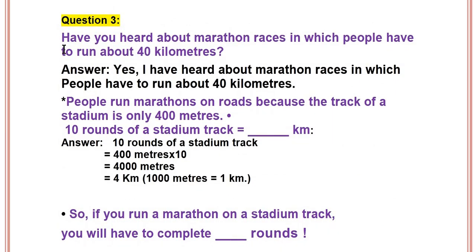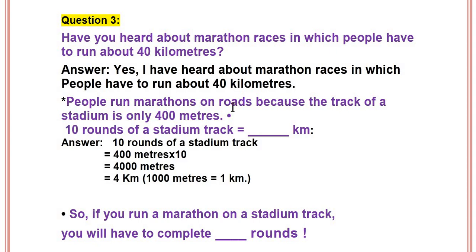Question number 3. Have you heard about a marathon race in which people have to run about 40 kilometers? Yes, I have heard about marathon race in which people have to run about 40 kilometers.